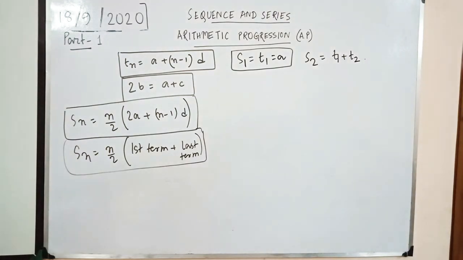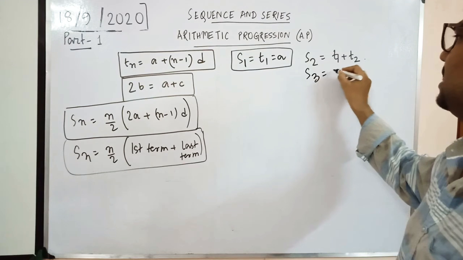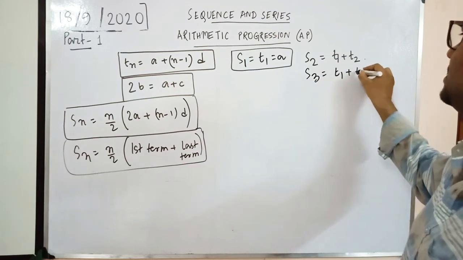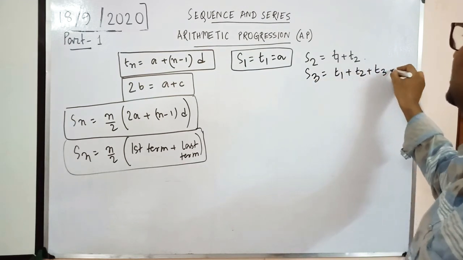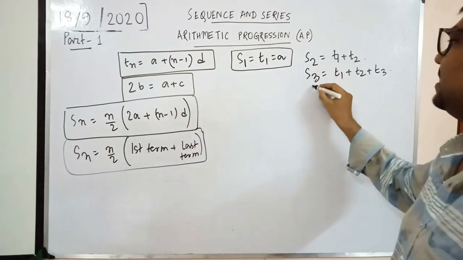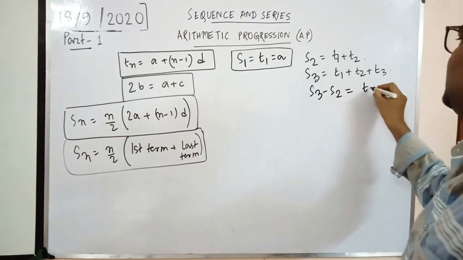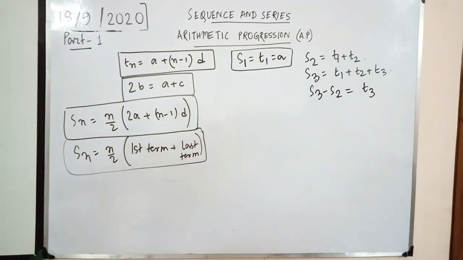Similarly, S3 will be T1 plus T2 plus T3. Like this it continues. If I subtract, S3 minus S2, I get only T3. That means only the third term is left.